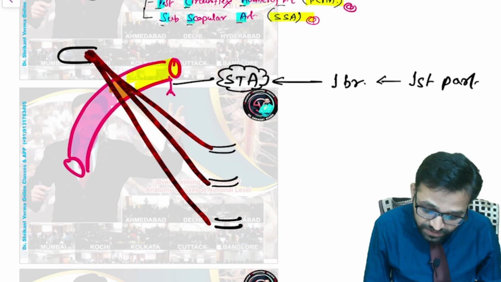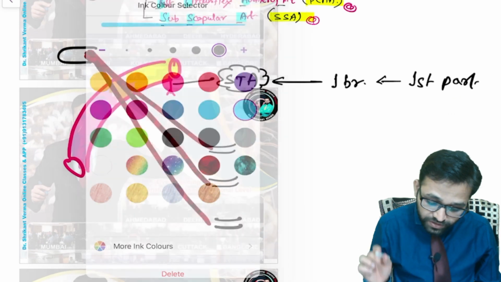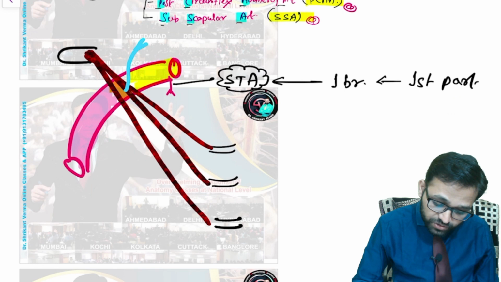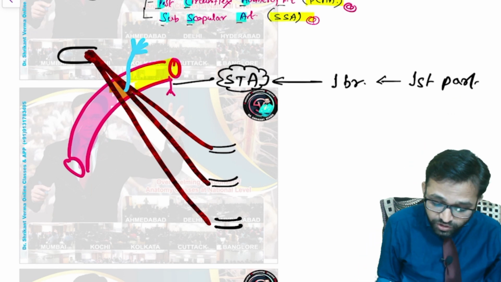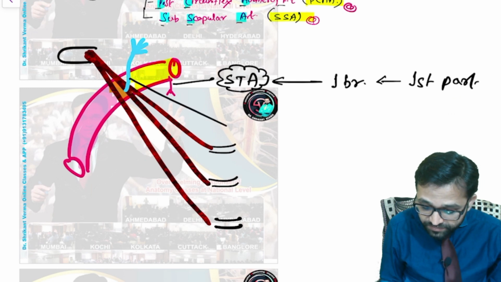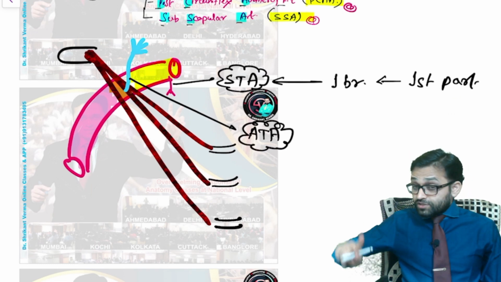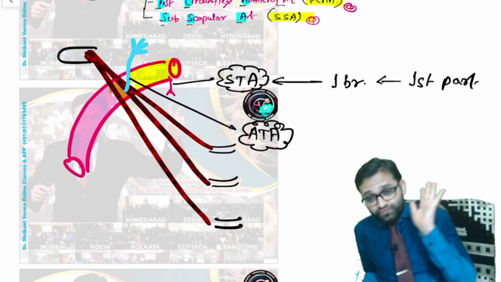From the second part, see here I am using a different color, blue color, so that you can differentiate. It is giving the branch which will supply our thorax and near the acromion process. So this is our thoracoacromial artery, also called the acromiothoracic artery. This was the same artery which was piercing the clavipectoral fascia.